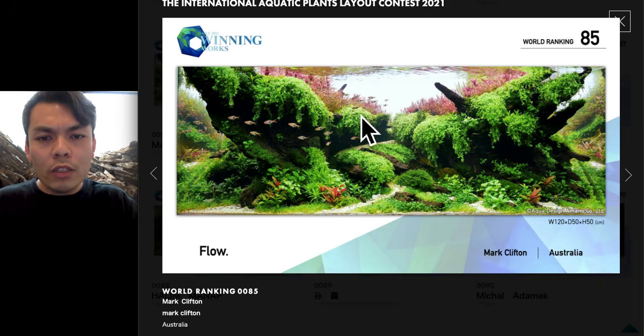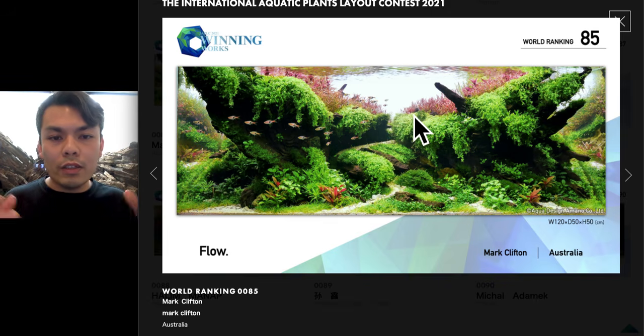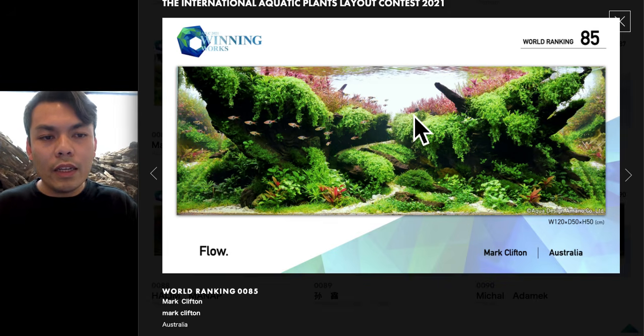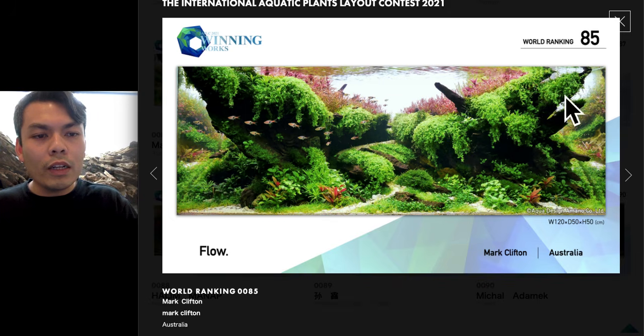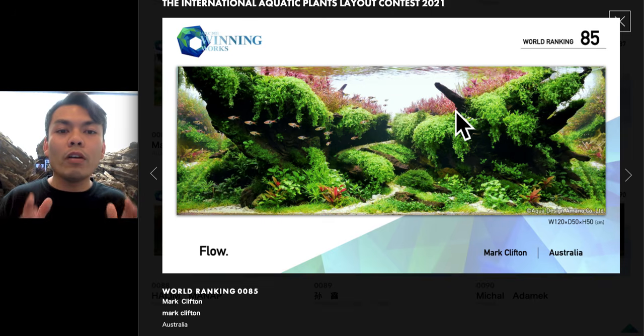So we have such a beautiful contrast between reds and greens that are moving in this particular aquascape, and it's very reminiscent of what we've been seeing lately in the aquascaping world, with these very large, dominant, almost trunk-like pieces of wood that spread out into the aquarium to create this concave layout. So again, it's a beautiful work of art.